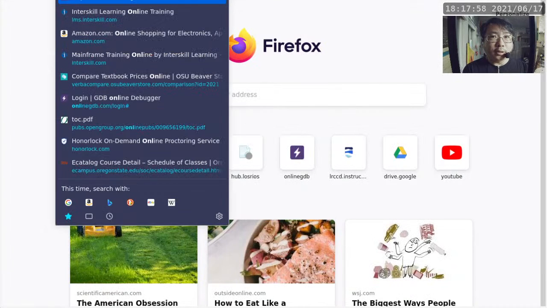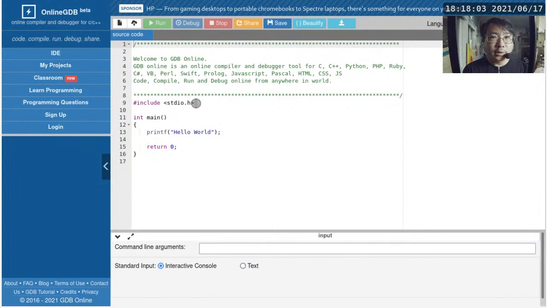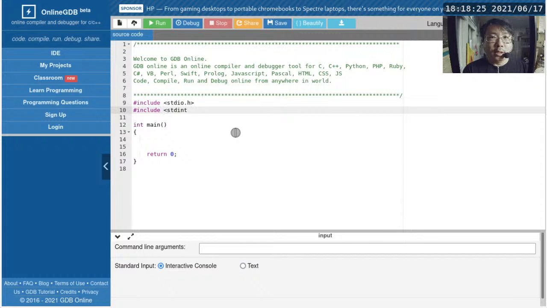We're going to use online GDB. It's a great tool. So, remember, we want to specify exactly a 64-bit unsigned integer, so we're going to have to use stdint.h, so that this way we can refer to a type that will give us exactly a 64-bit unsigned integer.